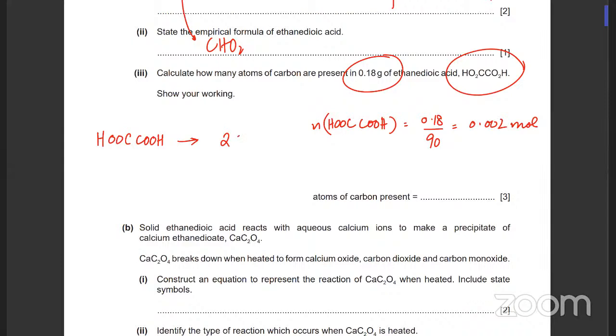So the ratio is 1:2. One molecule has 2 carbon atoms, or I can simply just write C over here. So if I have 0.002 moles, I'm going to have how many carbon atoms? It's going to be 0.004 moles, right?